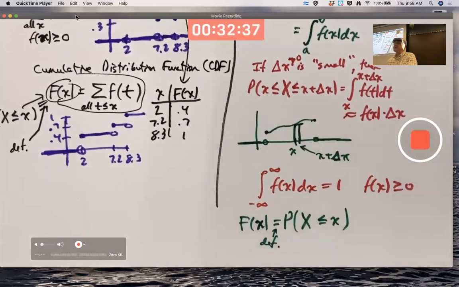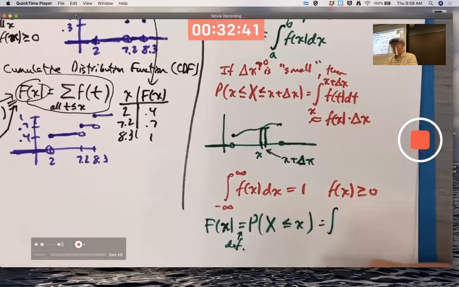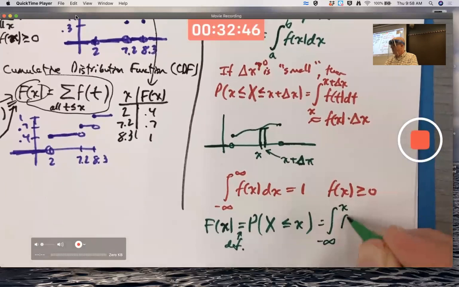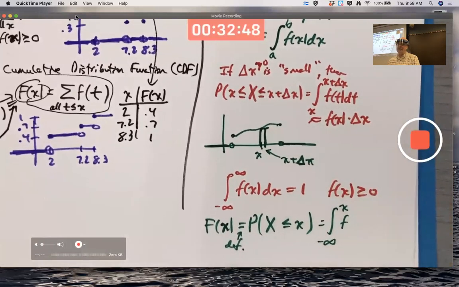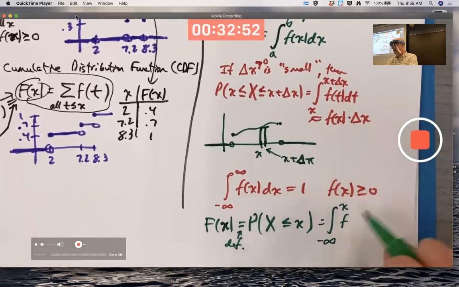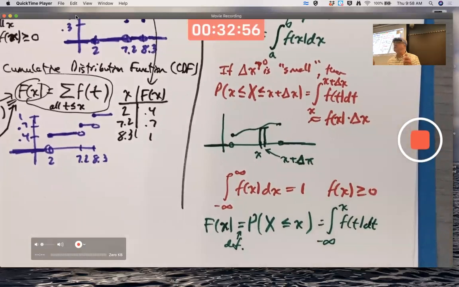But the way you compute it is different. You compute it as an integral instead of a sum from minus infinity to x. And once again, because I've got an x now in the upper limit of the integral, I should use some different letter here for the variable like t or something. It doesn't matter what you call it. T or u or w or v or whatever you want to call it.